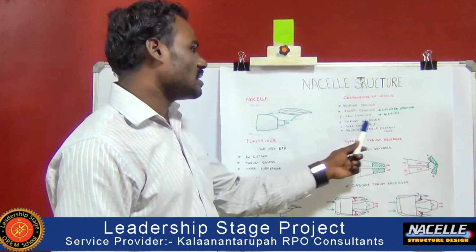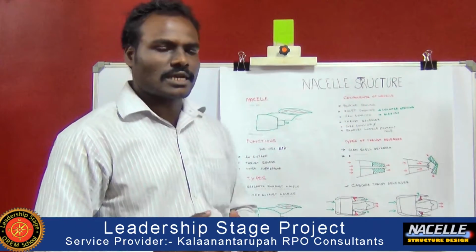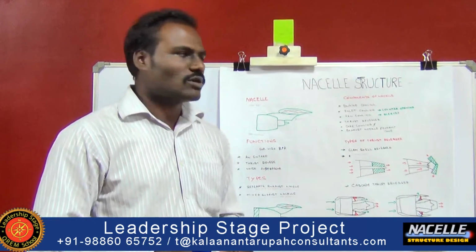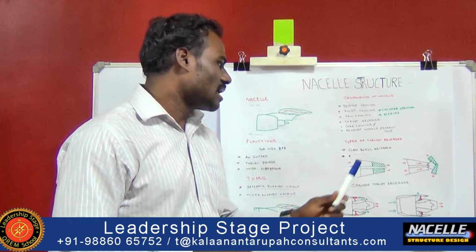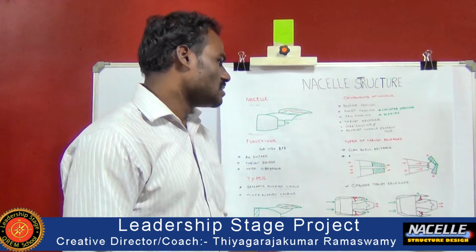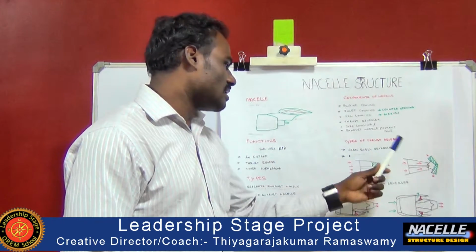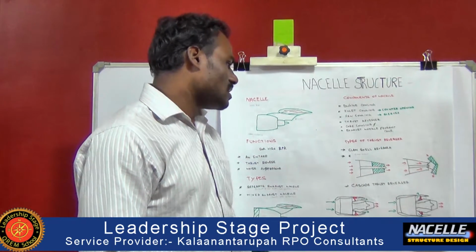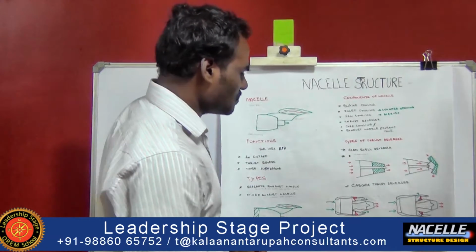Then the thrust reverser helps us in controlling the aircraft in the worst conditions of the atmosphere. Thrust reversers can be divided into two types: the clamshell reverser and the gasket thrust reverser. What is the difference between these two thrust reversers?